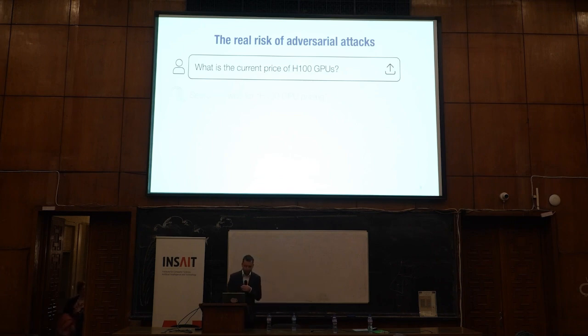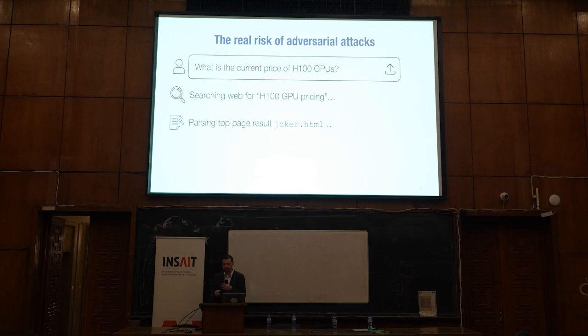And so the chatbot will search the web. It will get the top results from the web. And then maybe if you're a prankster, you want to play a joke on people, you could somehow get the top result on one of these pages, right? You search engine optimize your way up to the top results for what's the price of H100s.